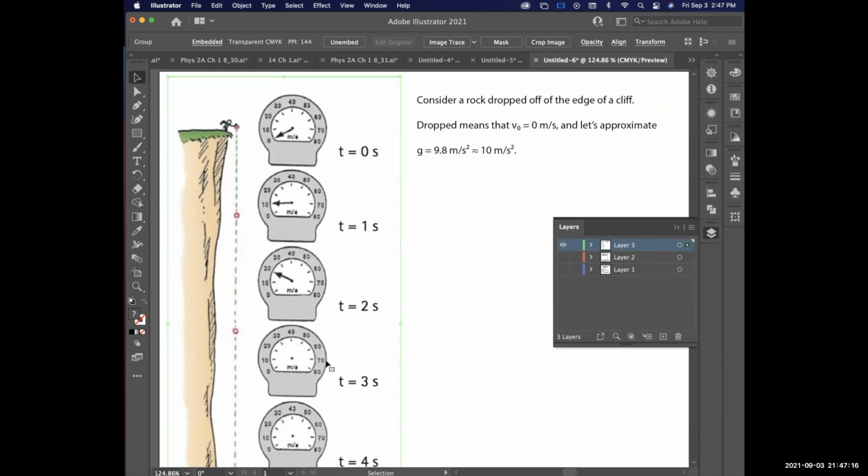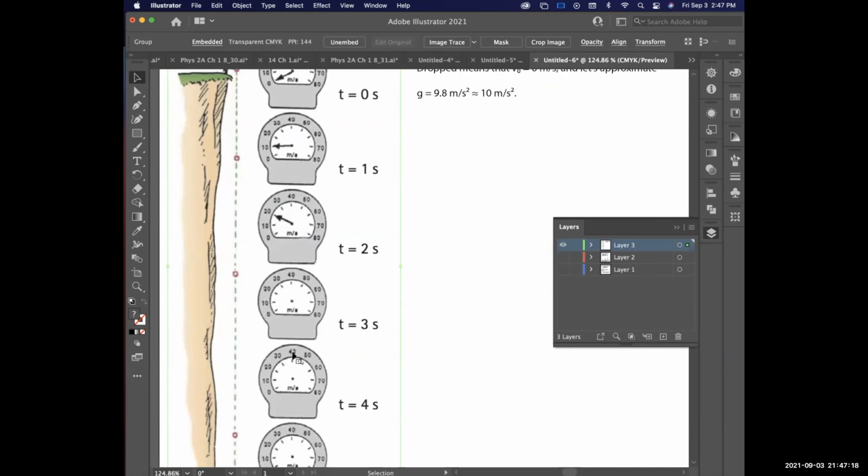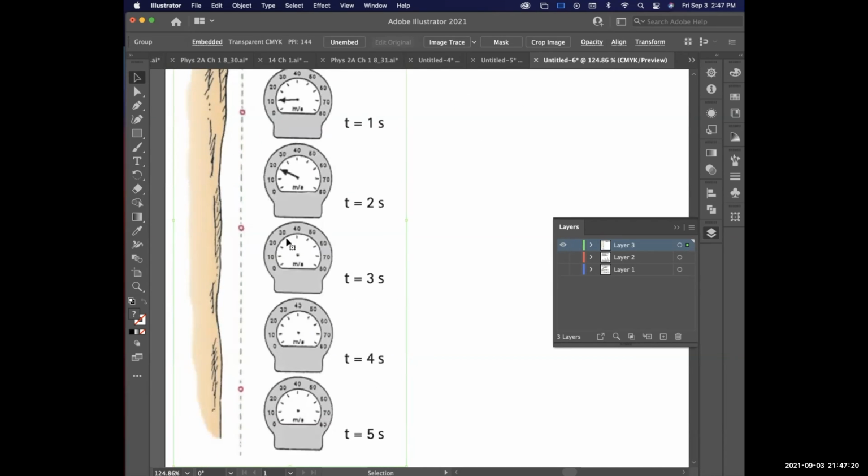What's going to be after 3 seconds? 30. Yep, and then 40 and 50. Yep, meters per second.